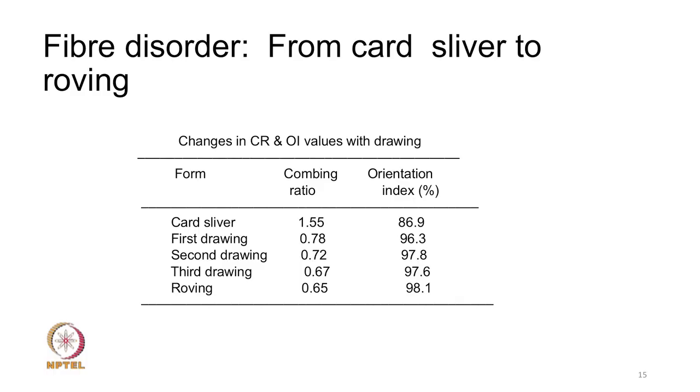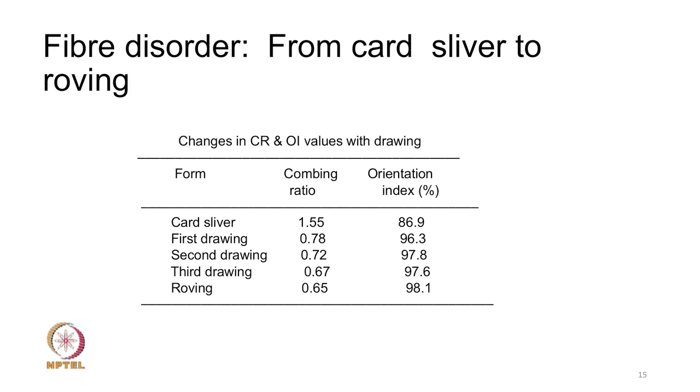Now, let us see the way the shear and orientation index values change from card sliver to the roving stage as the sliver is drawn. At the card sliver stage, the combing ratio is 1.55, and as we stretch the sliver, go through the process of drawing and go up to roving, we find that the ratio goes down and down.